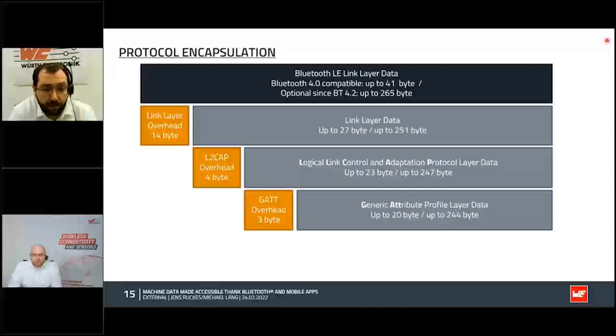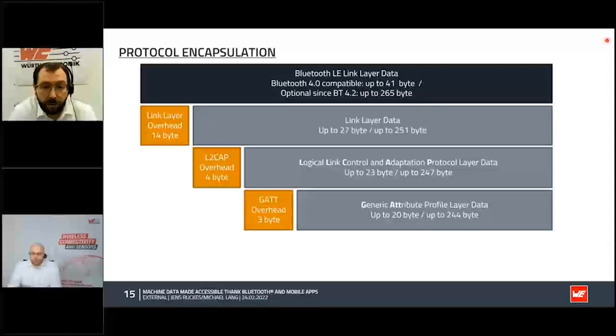What we see here is, in the 4.0 part, we're starting with 41 bytes of physical data. That means this is the size of the radio packet. Off the 41, assuming backwards compatibility to the very old standard, we take an overhead of in total 21 bytes, counting all 3 layers that are defined by the Bluetooth standard itself.